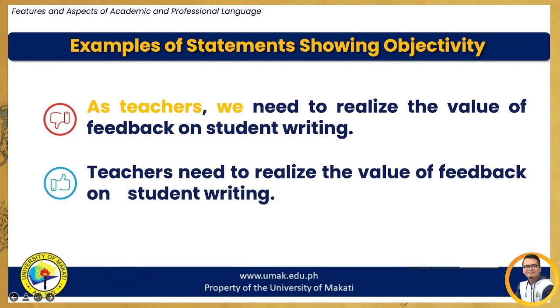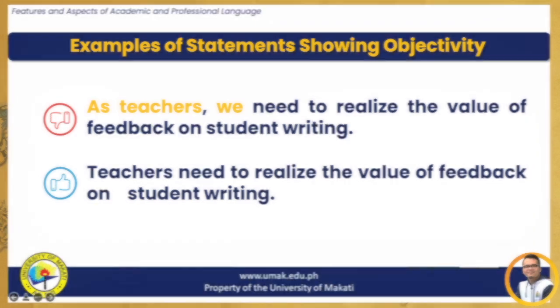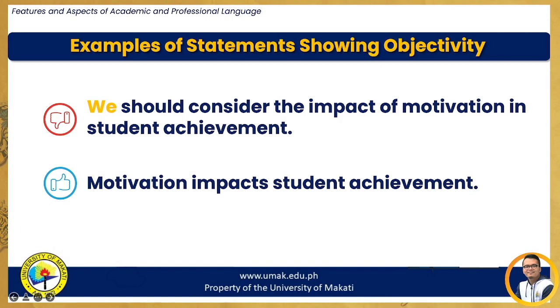Instead of writing, "As teachers, we need to realize the value of feedback on student writing," you should write, "Teachers need to realize the value of feedback on student writing." Instead of writing, "We should consider the impact of motivation in student achievement," you should write, "Motivation impacts student achievement."